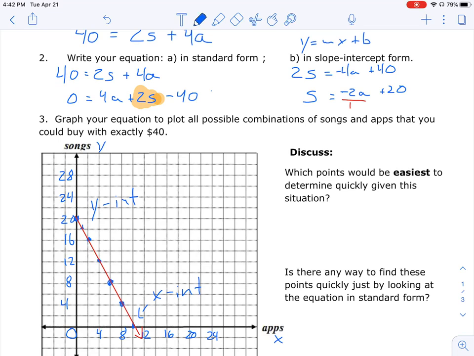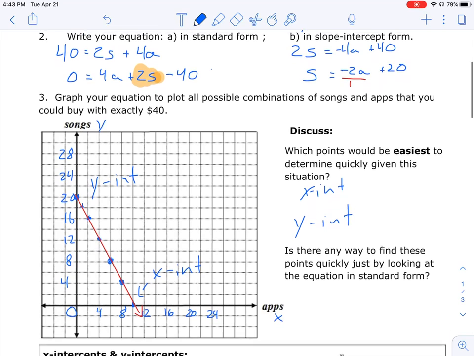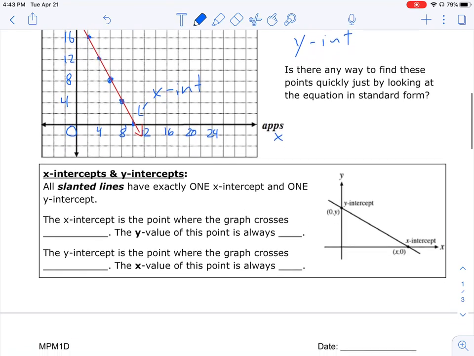So which points would be easiest, emphasis on the easiest, to determine quickly given this situation? Well, the ones that we can see really quickly are the x-intercept and the y-intercept. So is there a way to find these points quickly just by looking at the equation in standard form?